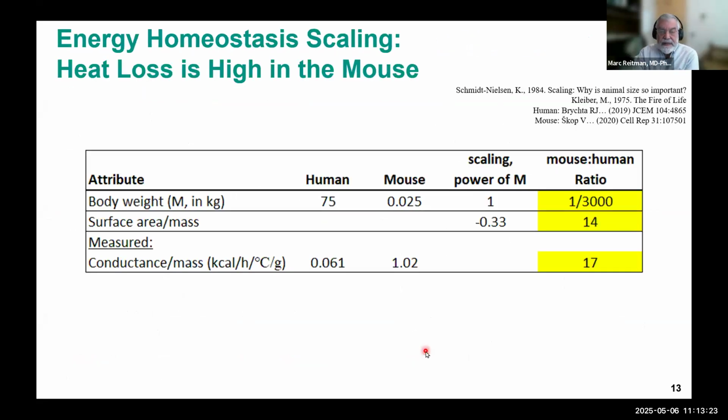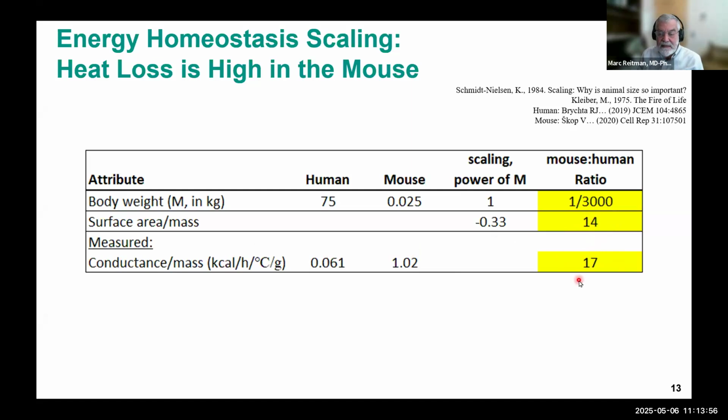And just to go through an example of this difference in scaling between mice and humans, a 25-gram mouse is 1/3000th the weight of a 75-kilogram human. But if you calculate, the surface area for a kilogram of mouse is 14 times the surface area of a kilogram of human, and similarly, the heat loss from a kilogram of mouse is 17 times the heat loss of a kilogram of human.